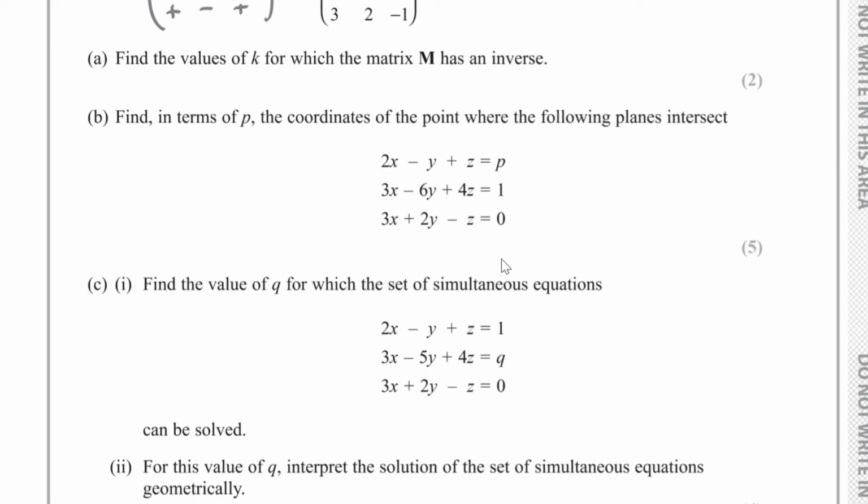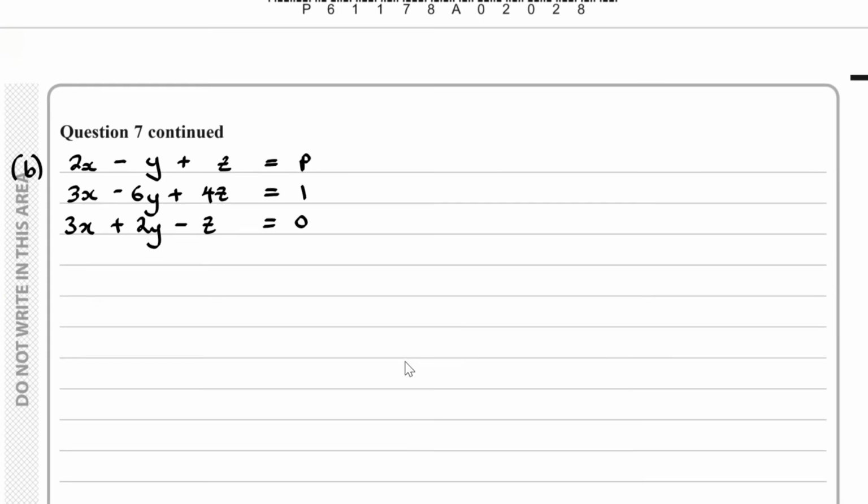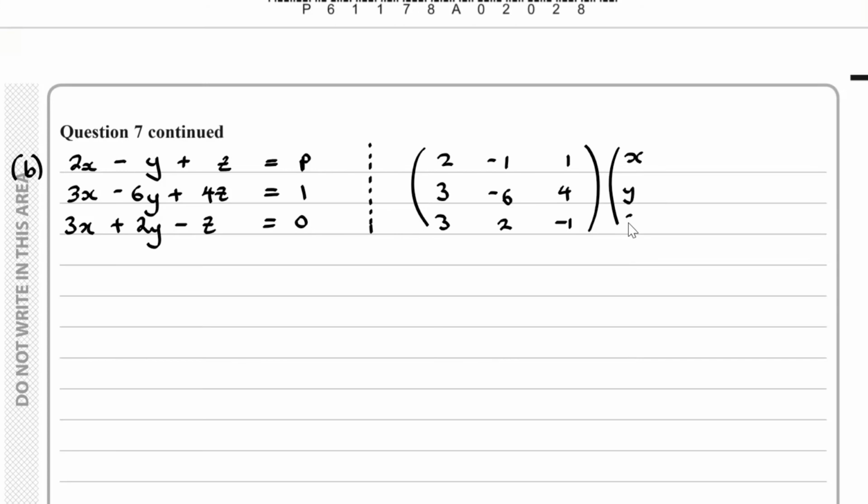So for this question, we've got these three equations, which if we write in an equivalent form, we have the matrix (2, -1, 1; 3, -6, 4; 3, 2, -1) multiplied by (x, y, z), and this is equal to (p, 1, 0).